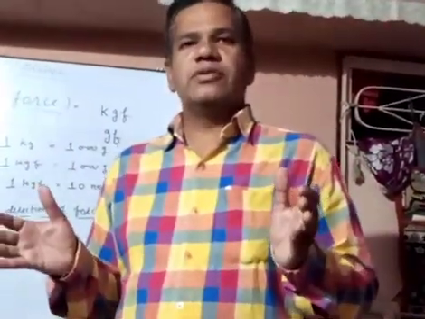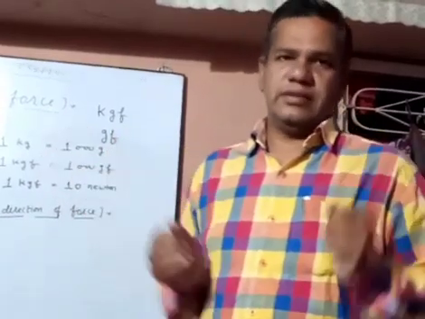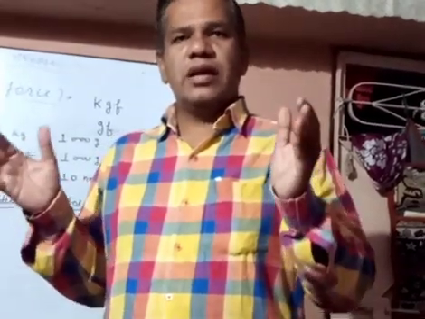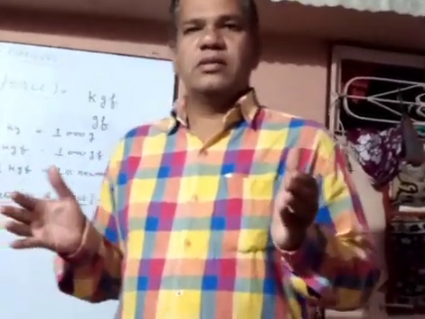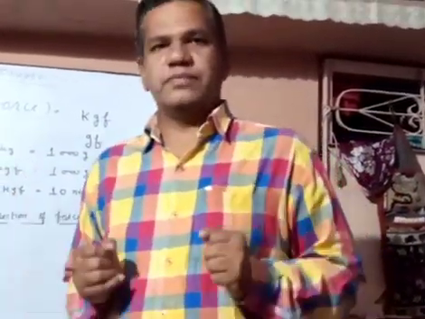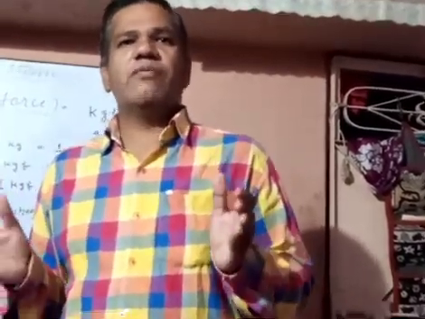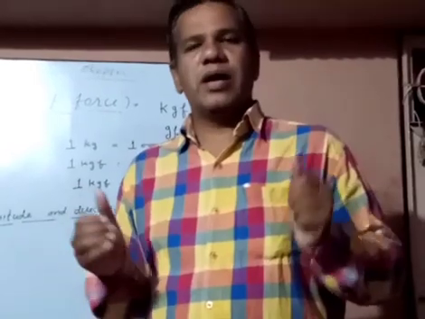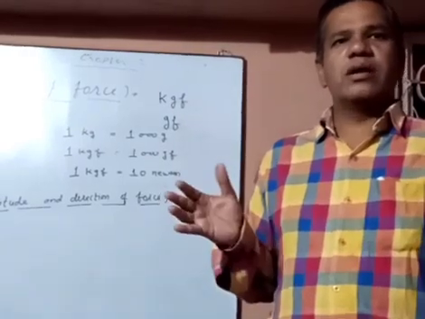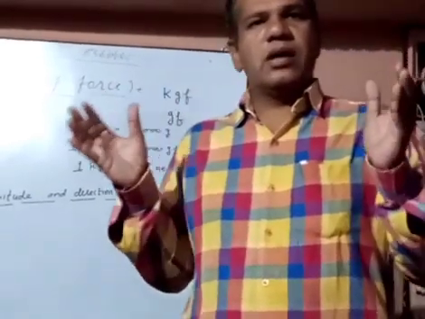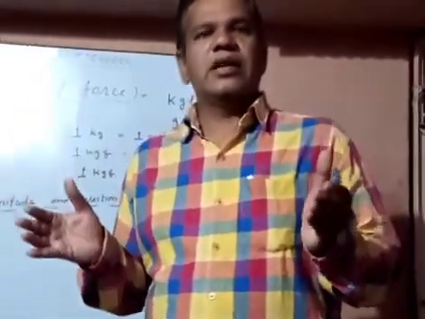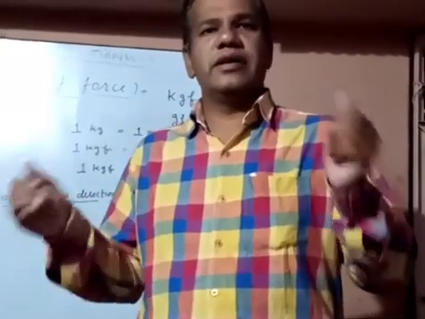Magnitude of force can be shown by a straight line. It means the greater the length of the straight line, the more is the magnitude. The direction of force can be represented by an arrow head over the line pointing in the direction in which the force is acting.